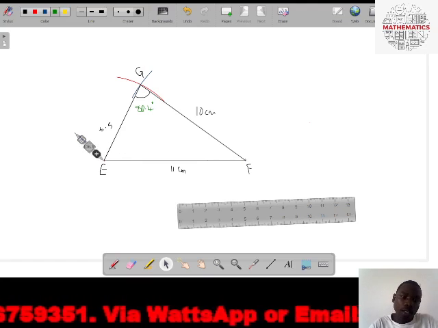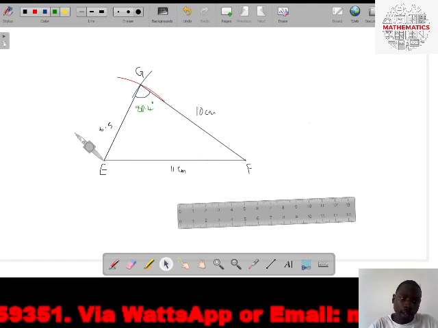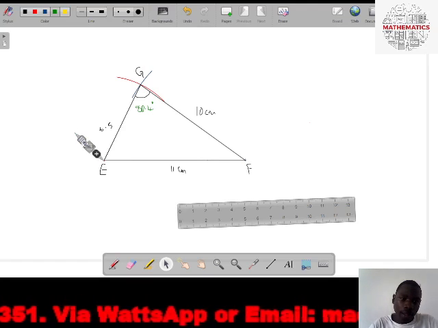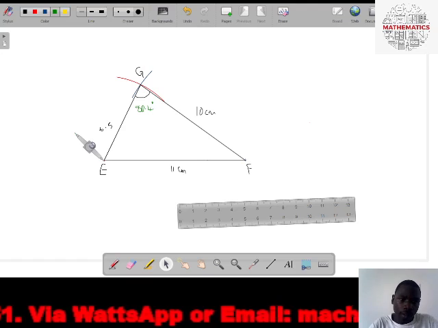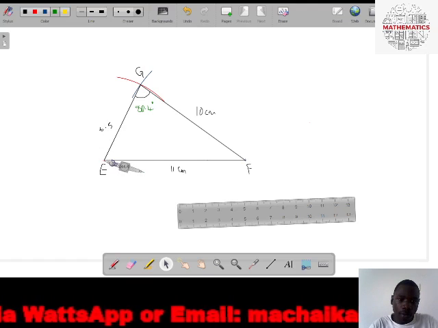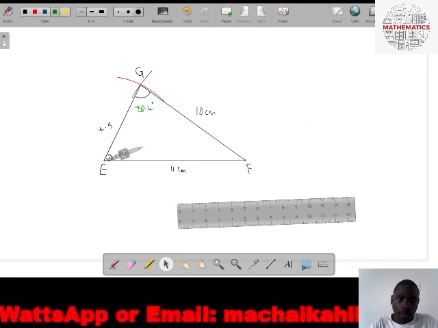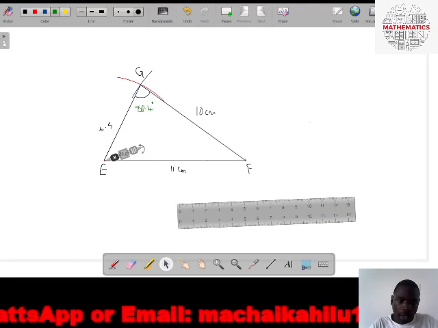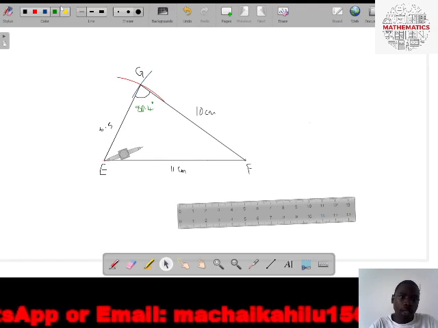After standing on E there, make an arc within the triangle. Let me just change the color.